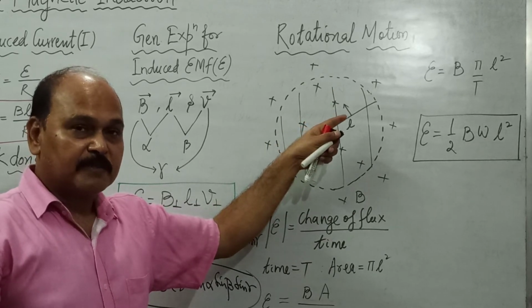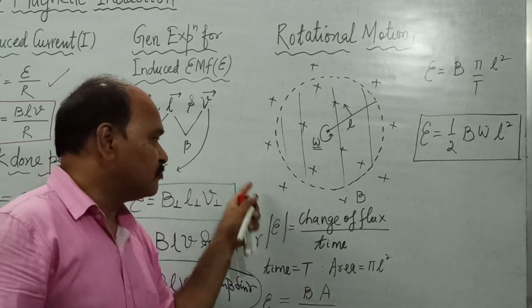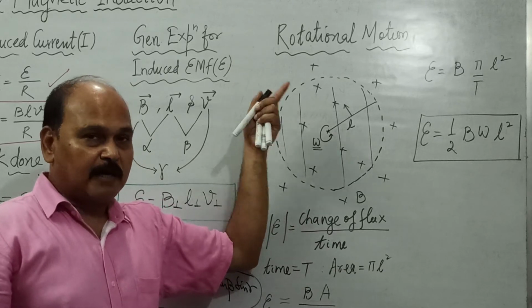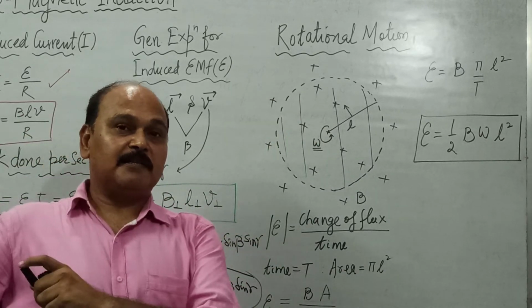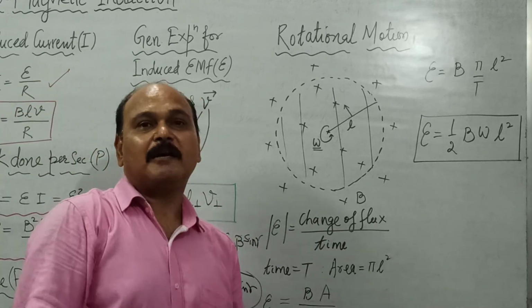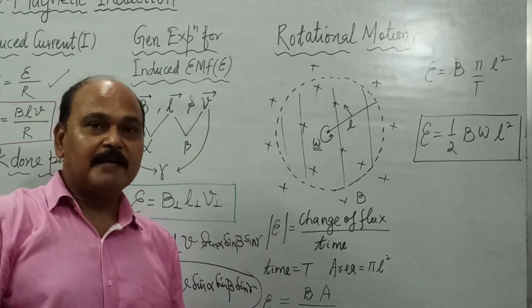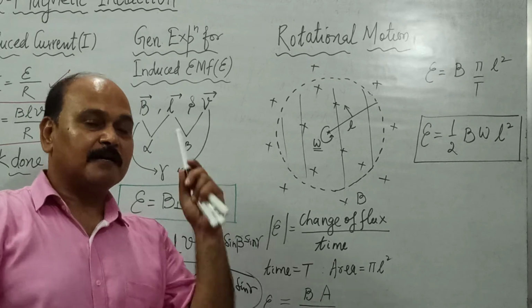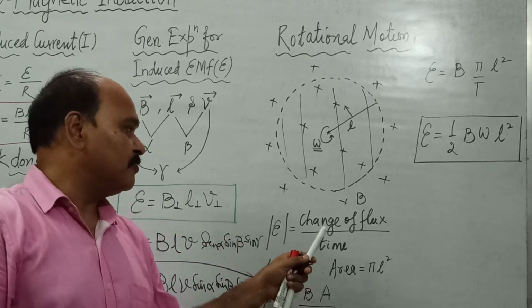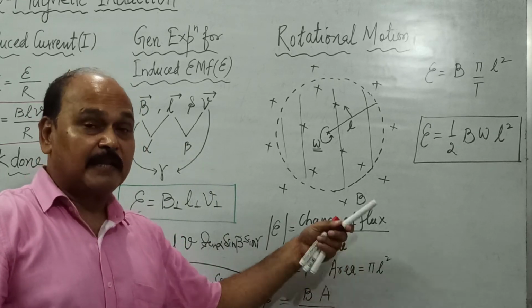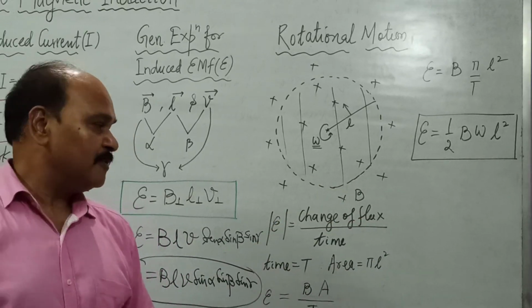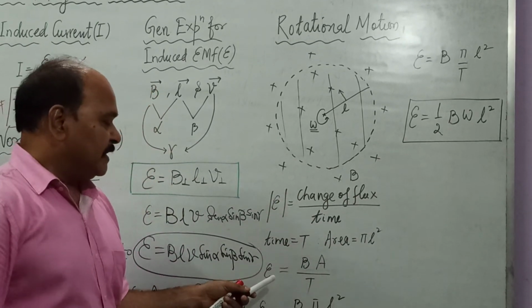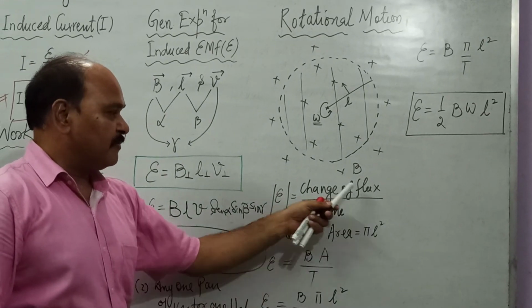As the conductor moves through the magnetic field and sweeps across a certain area, all the magnetic lines of force lying in that swept area are the ones which change. The change of flux is the flux lying in the area swept by the conductor. So if E is the EMF, it is change of flux upon time.